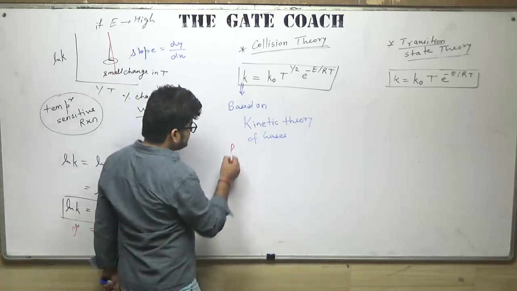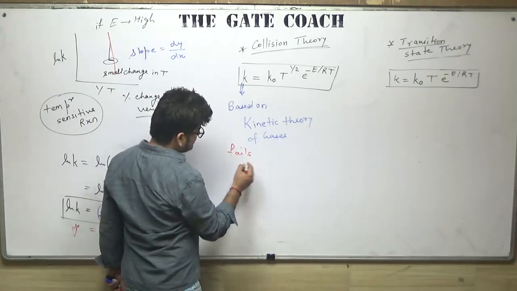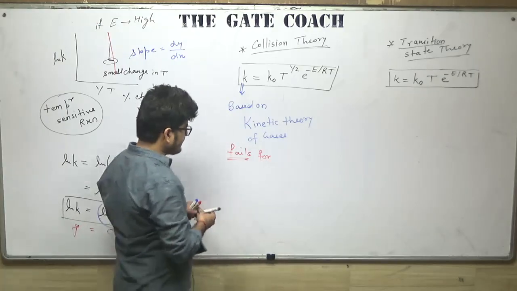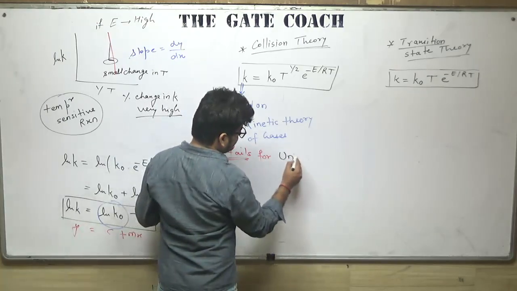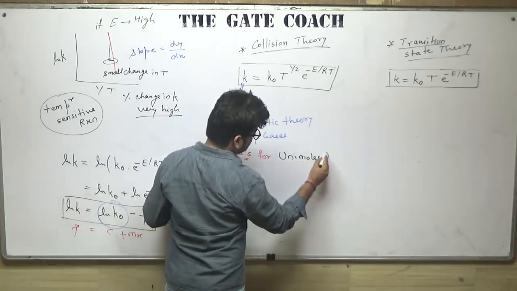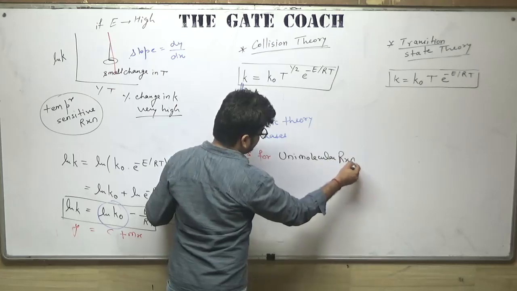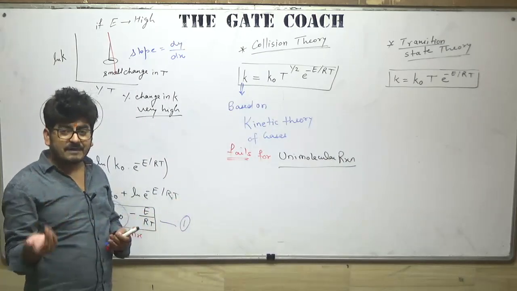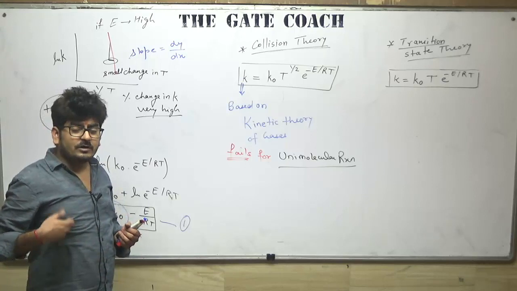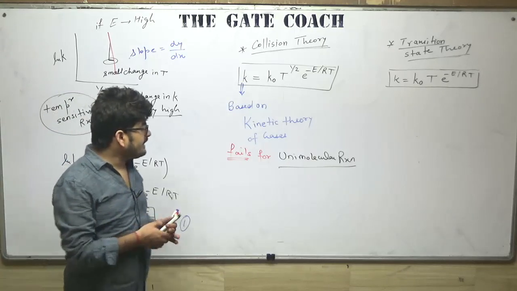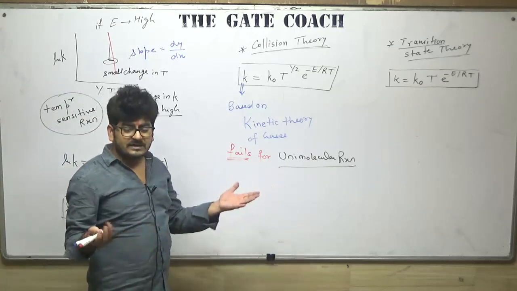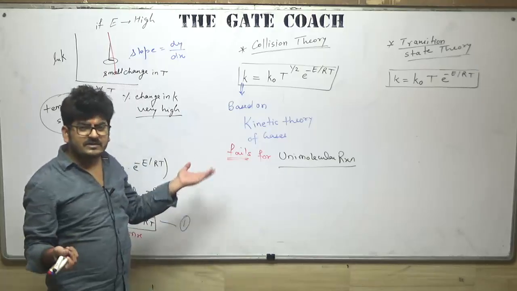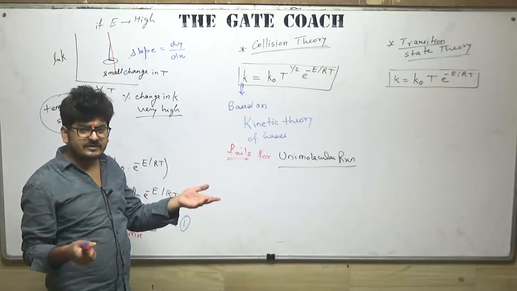So that's why this theory fails for unimolecular reaction. I hope you can understand that unimolecular reaction means only one molecule is participating in the reaction. So that single molecule will not have a collision with any other molecule. So that's why it will fail. Kinetic theory of gas will not be applicable.